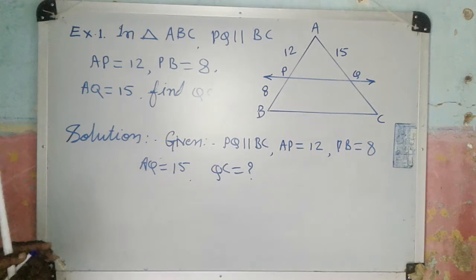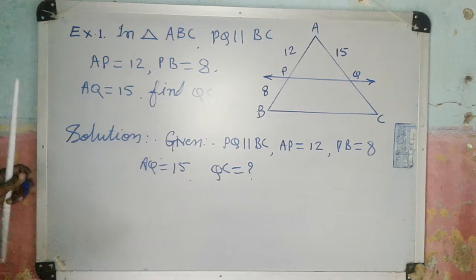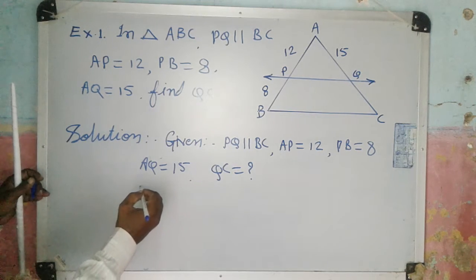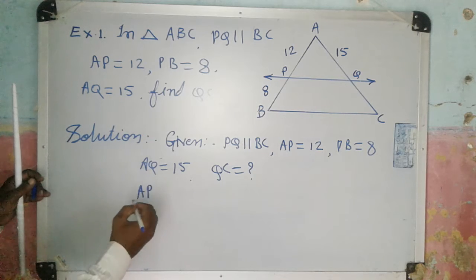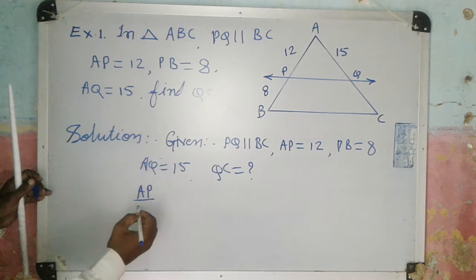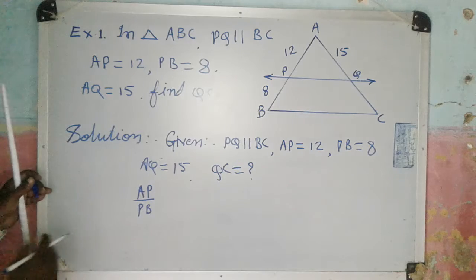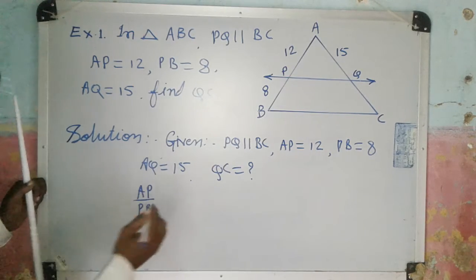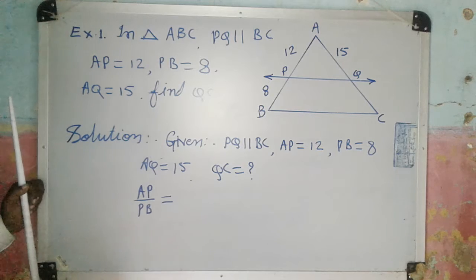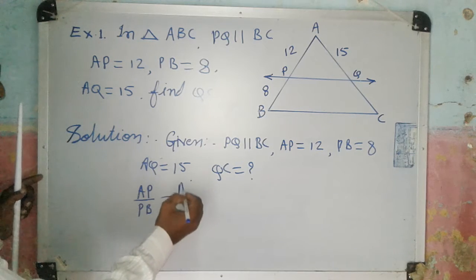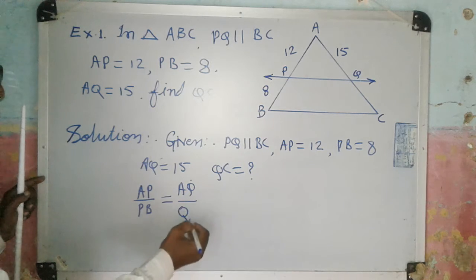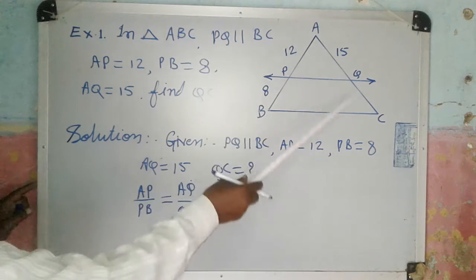So here, according to the basic proportionality theorem, we can write AP upon PB is equal to AQ upon QC.